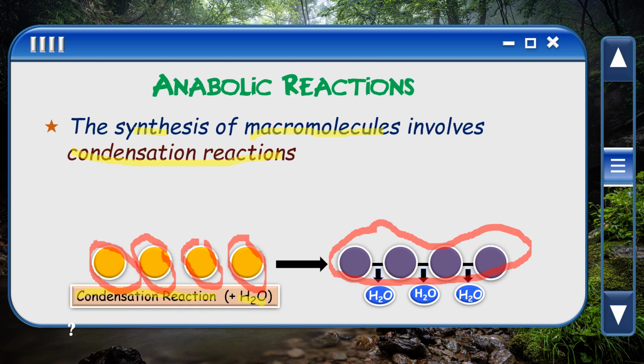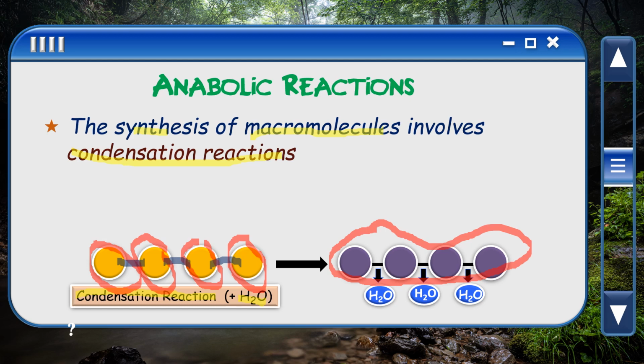But before we form a macromolecule, we shall need to form a bond between one monomer and another monomer and another. We have to connect them. And that process of connecting them means we are going to synthesize. When they are connecting one another, they are forming what we call bonds. But before they form those bonds, they have to release a water molecule.